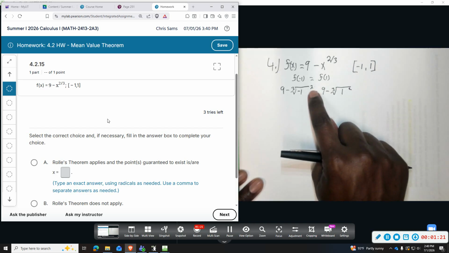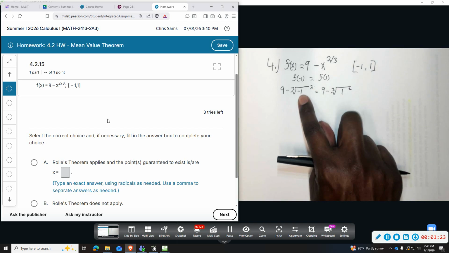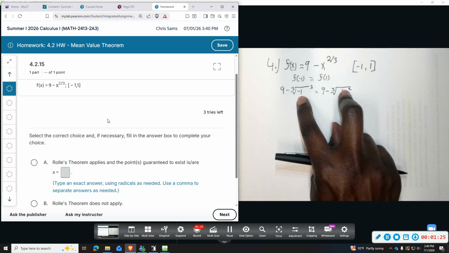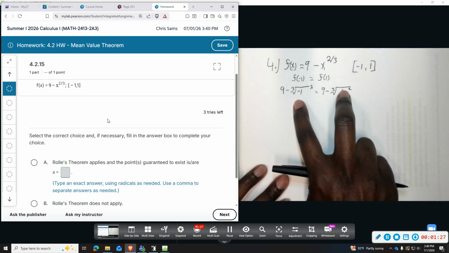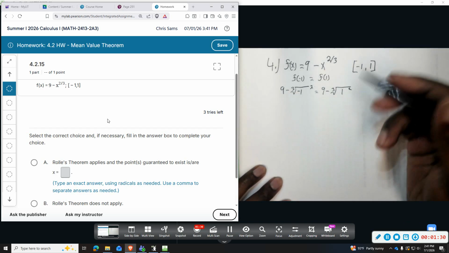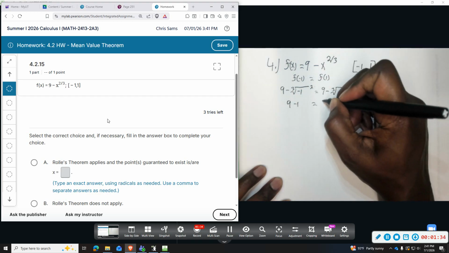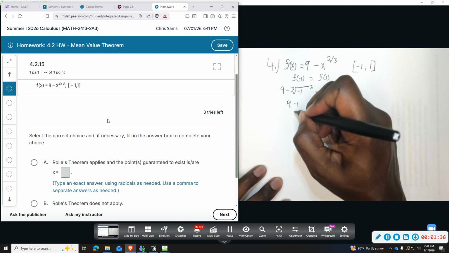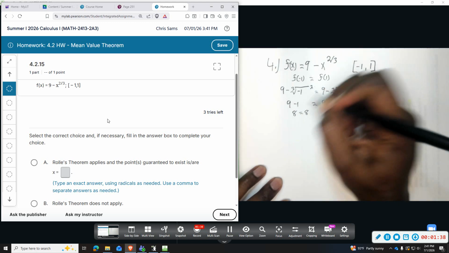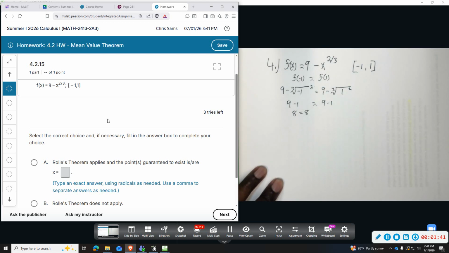If I square -1, it gives me a +1, same thing, so those will be the same. The cube root of both ones will be 1. 1 times 1 times 1 is 1. So we're basically getting 9 minus 1 here, and 9 minus 1 here, and we get 8 equals 8. So both of them are the same. We're good to go there.